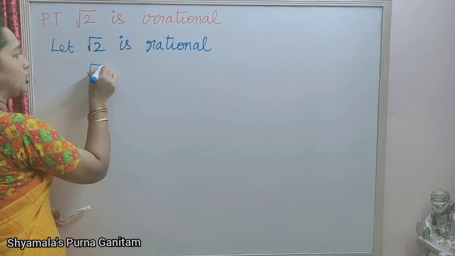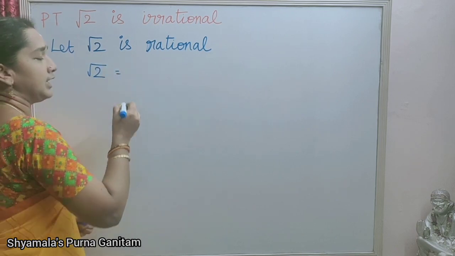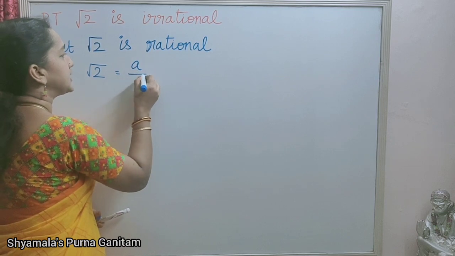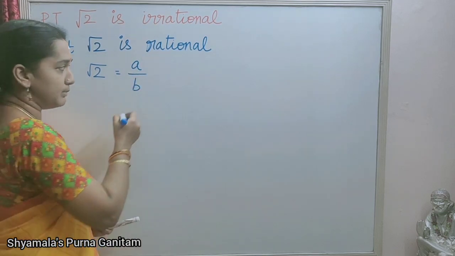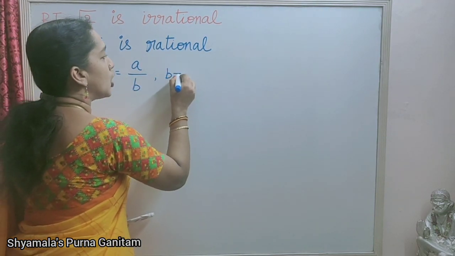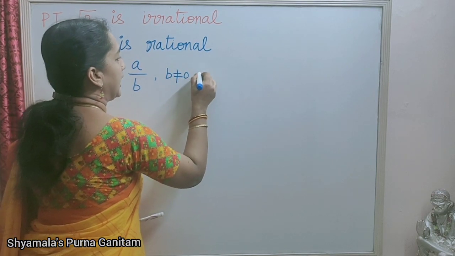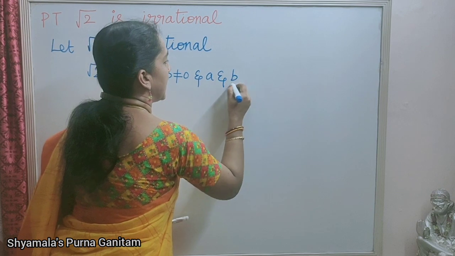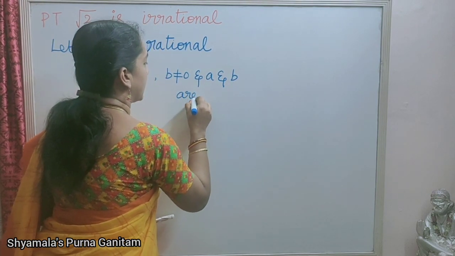If we take root 2 as rational, we can write it in the form a by b, where b is not equal to 0 and a and b are co-prime numbers.